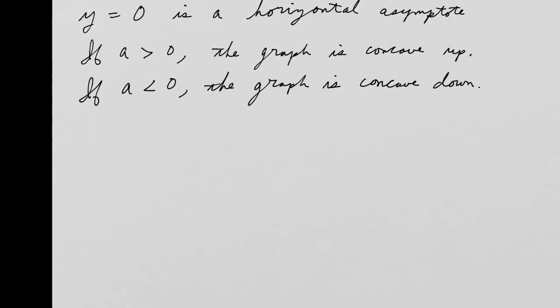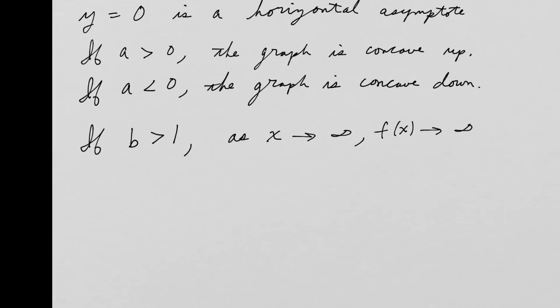Okay, and then a few more things that are true. If b is greater than 1, that was the one where as the input got larger and larger, the graph grew faster and faster. So we could say as x approaches infinity, the function also approaches infinity.